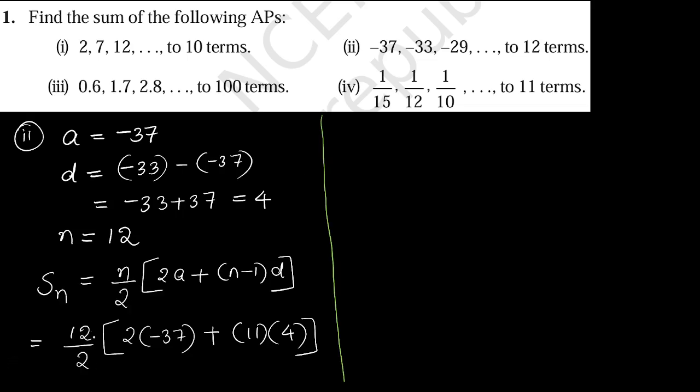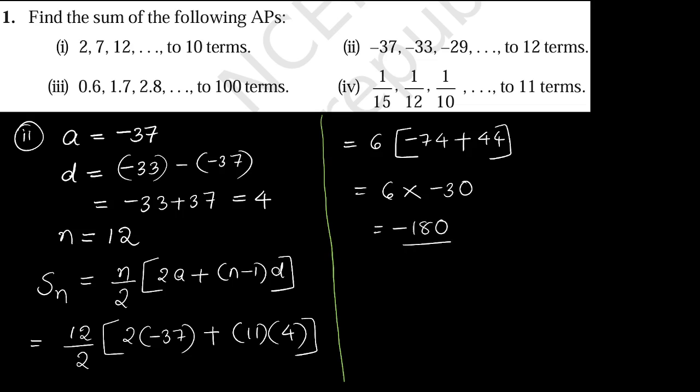So here 12 by 2 becomes 6. Bracket. 2 into minus 37 will be minus 74. 11 into 4 will be 44. This one is minus 30. So minus 180 is the answer.